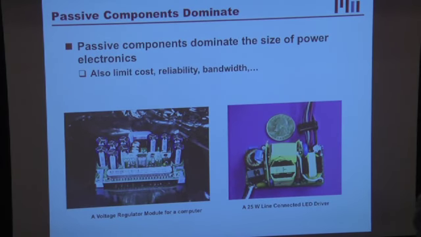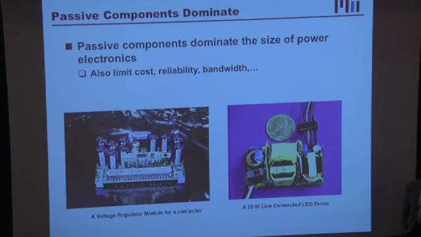Now, an important thing to understand about power electronic systems as compared to, say, information electronic systems is they tend to be dominated by and driven by the passive components, the energy storage components and filters. So here you can see a 25-watt LED driver, and you can see the vast bulk of this thing is made up of magnetic components primarily, and then capacitive components secondarily.